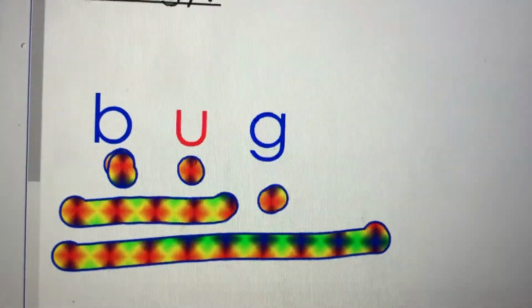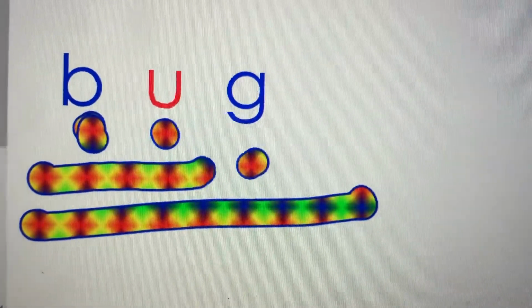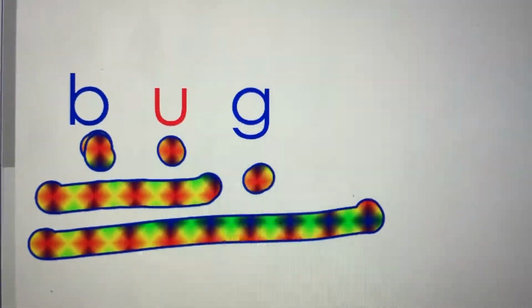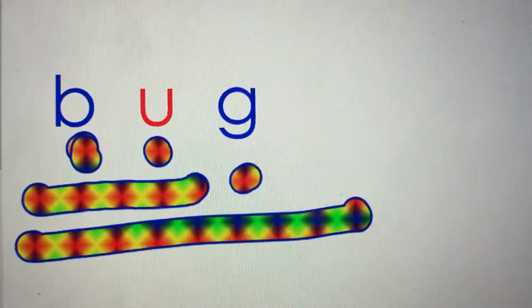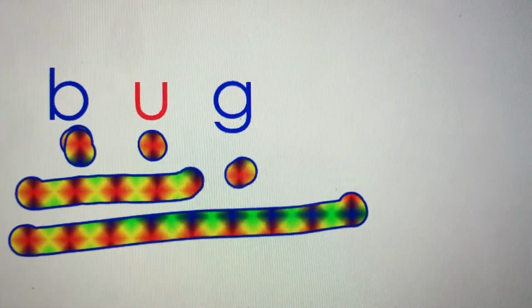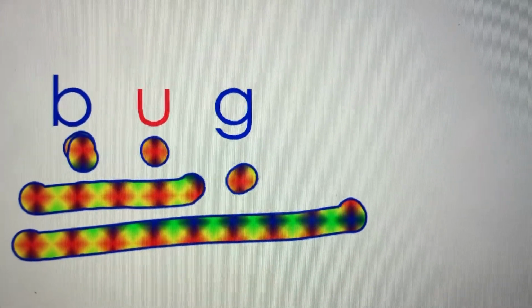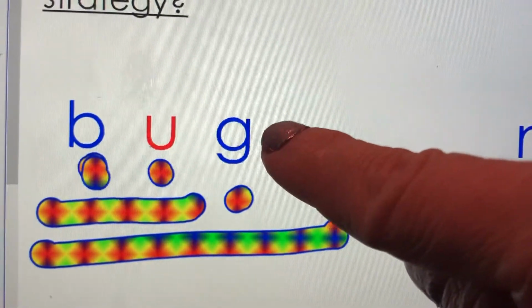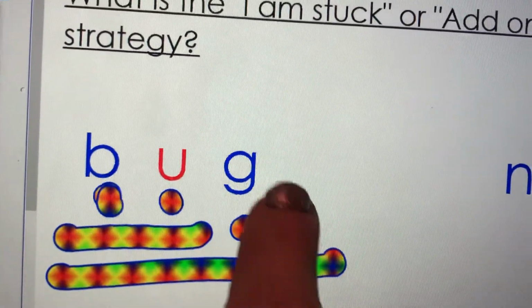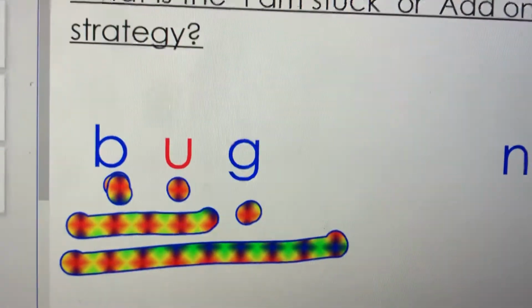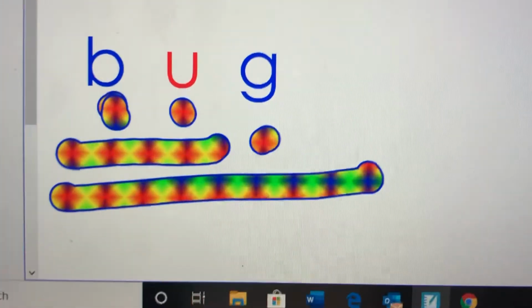Okay, so if they're first learning, this might be a good go-to first strategy, or it's just really good if they should already be blending and they just get a little mixed up with their ending sounds sometimes, or they blend and they might leave off a letter from the beginning. This is a good strategy to use.